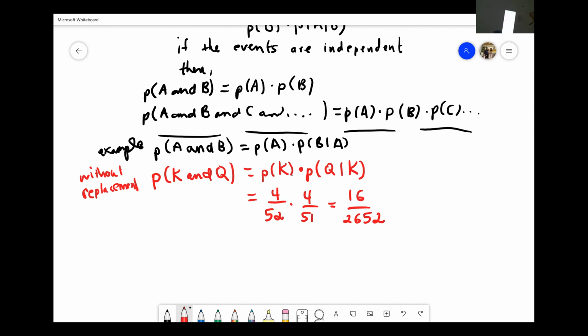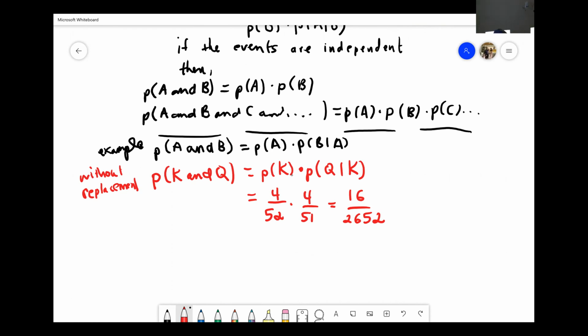Or maybe it could have been a king of diamonds and a queen of hearts, queen of diamonds, queen of spades, queen of clubs. Or maybe it could have been a king of spades, queen of hearts, queen of diamonds, queen of spades, queen of clubs. Or maybe it could have been a king of clubs, or queen of diamonds, queen of spades, queen of hearts, queen of whatever. I missed right there. Spades or clubs. There were 16 ways I could have picked a king and a queen.